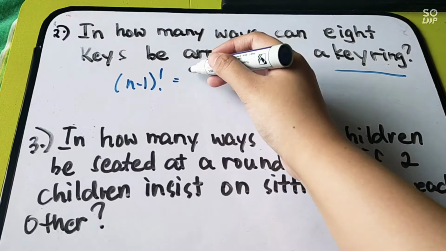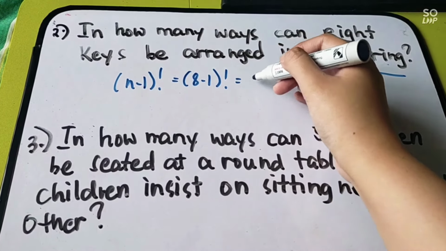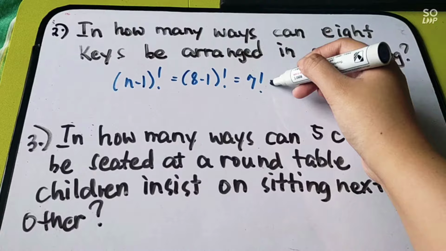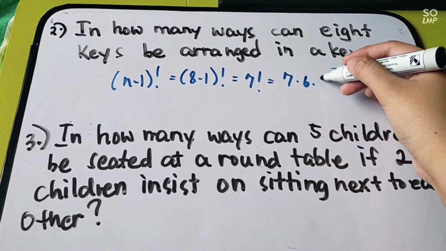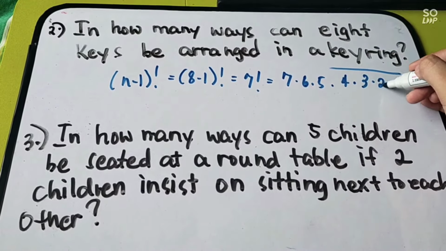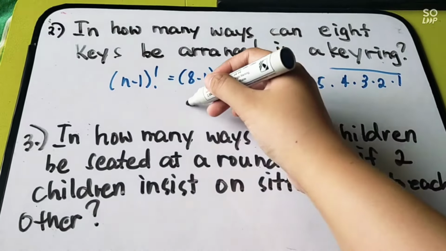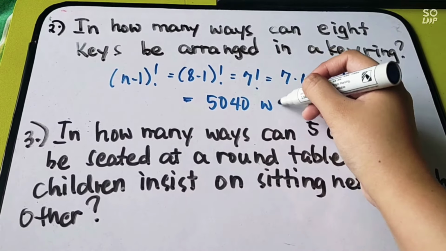So, our n, we have 8 minus 1 factorial. So, we have 7 factorial. It is equal to 7 times 6 times 5 times 4 times 3 times 2 times 1. The answer is 5,040 ways.